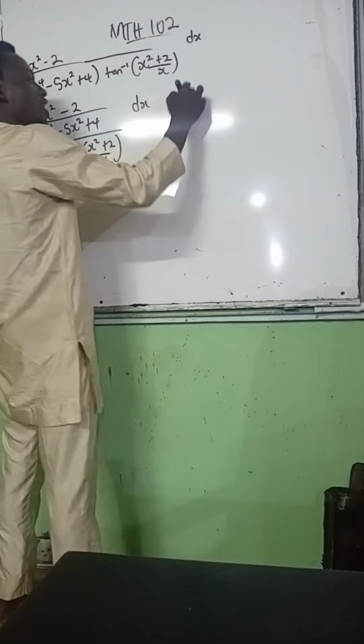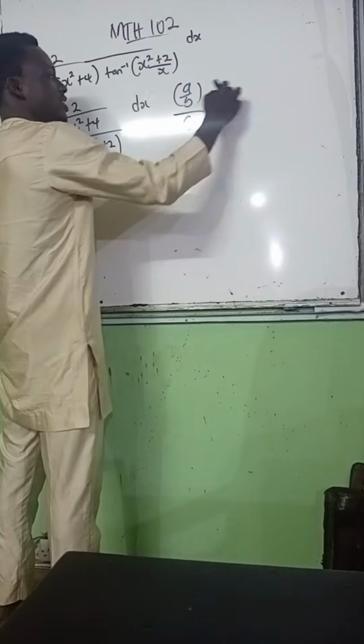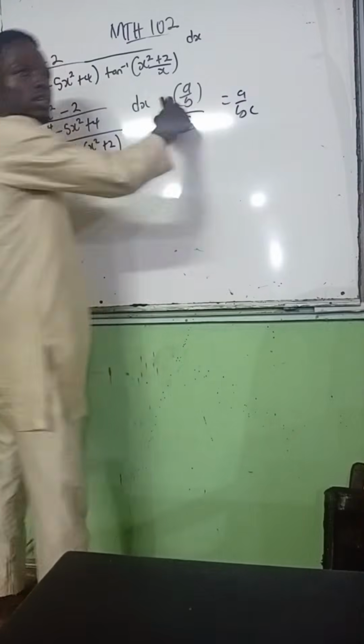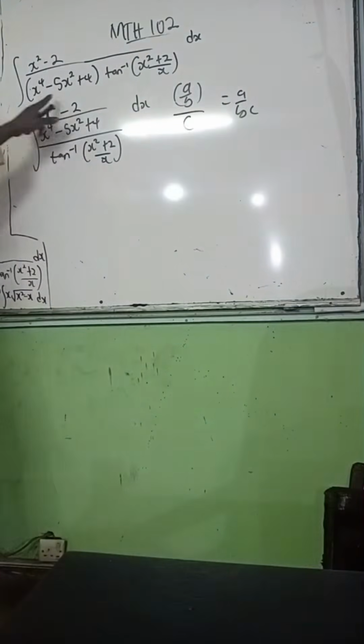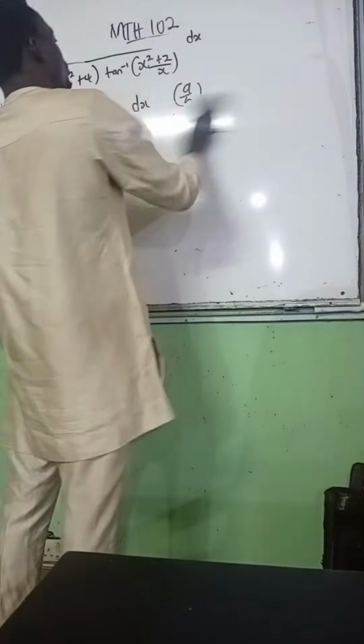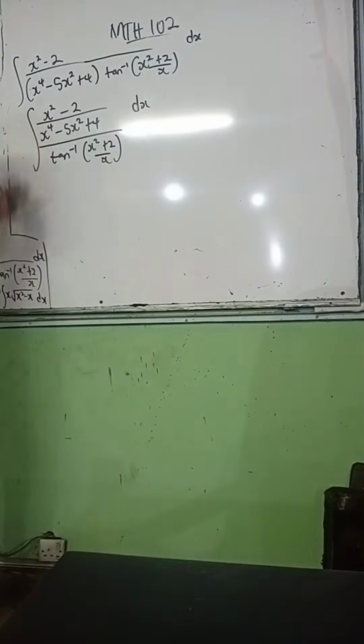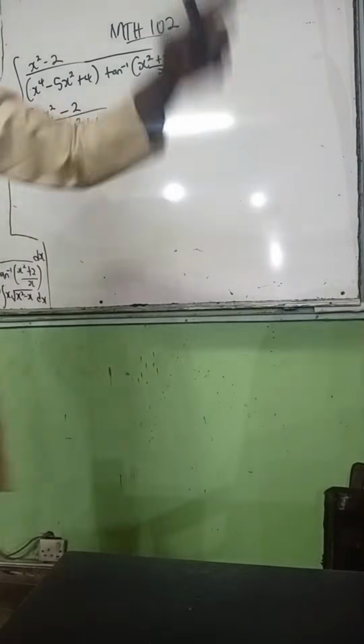You know a over b over c is same as a over bc. That's what I did here. Are we together? So if I differentiate this denominator, it will give me the numerator. Then my answer will be ln of it. We know what the rules are. So if you are so sure that this will give you this, you can just write your final answer directly. But you have to state the rule first.